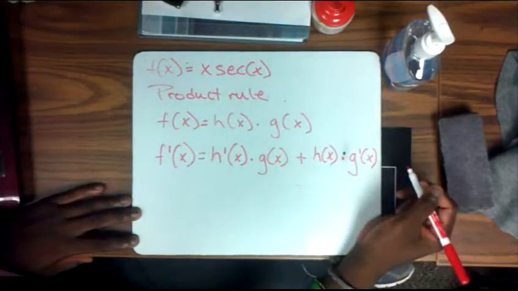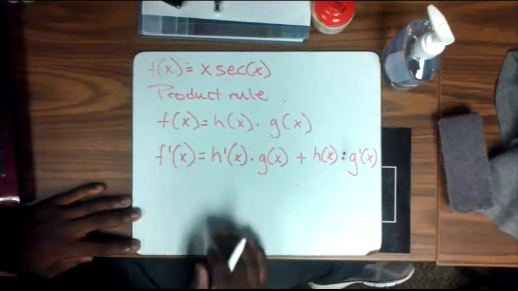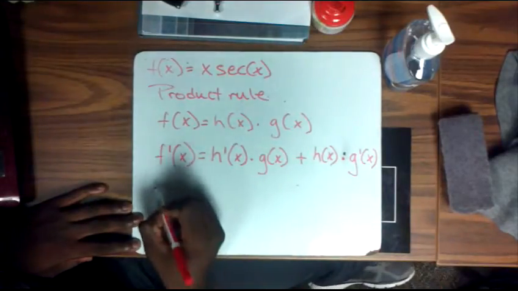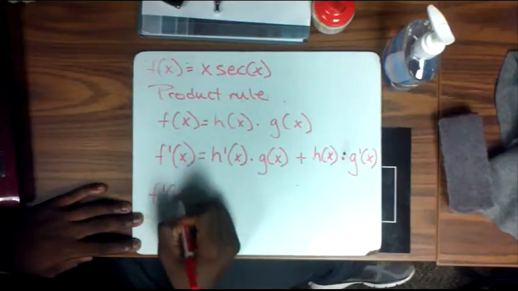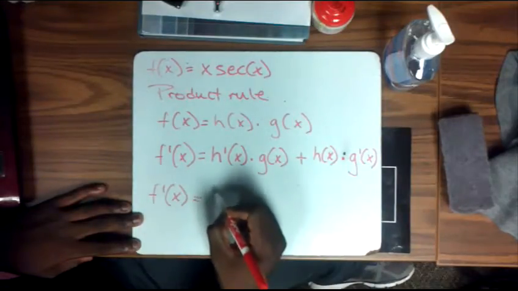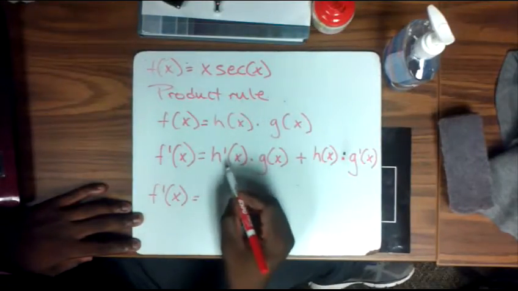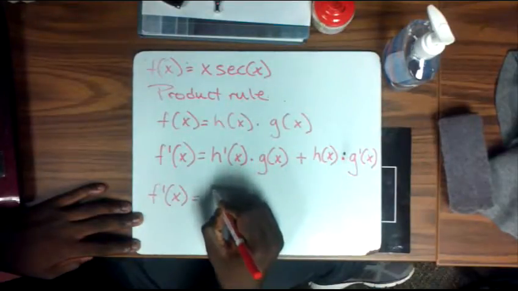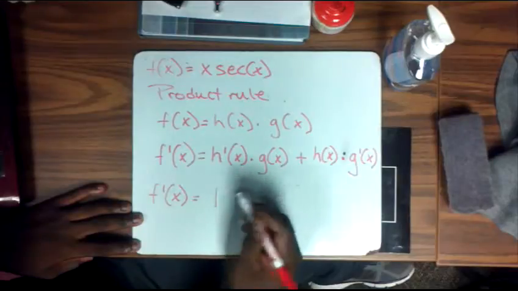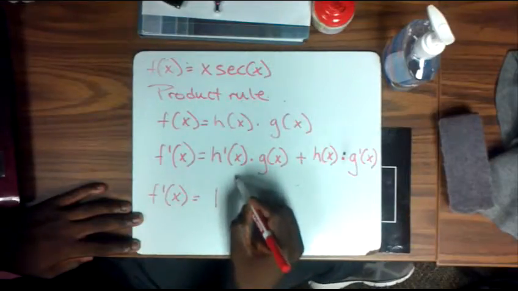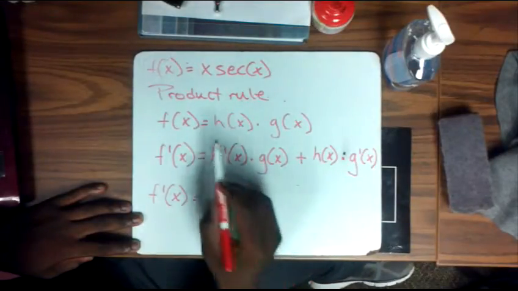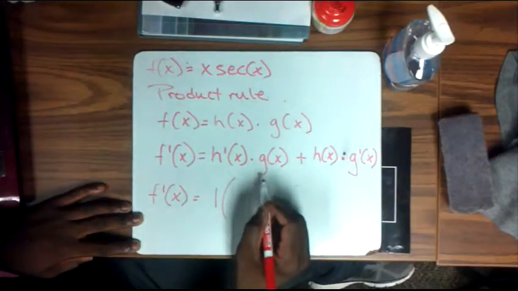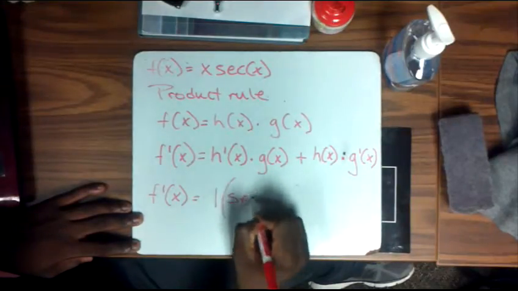So in this case, for x times the secant of x, we're going to have f prime of x is equal to h prime of x, which in this case would be the derivative of x, which is equal to 1, multiplied by g of x, which is secant of x. Let me just write that in there.